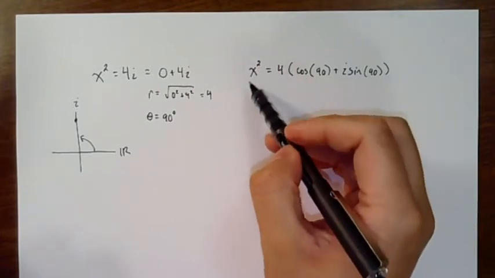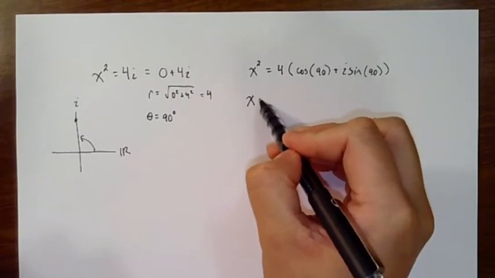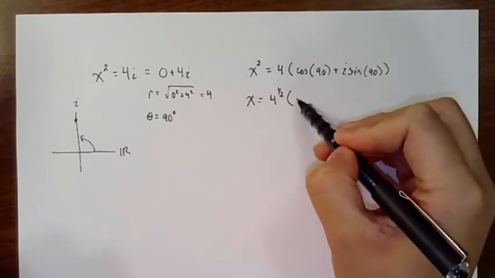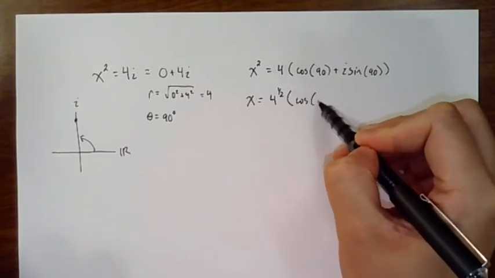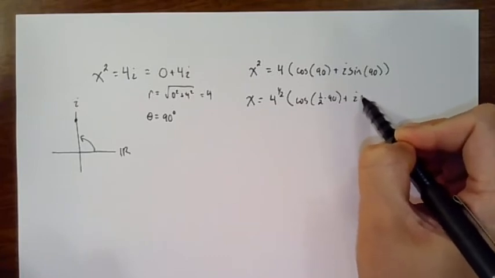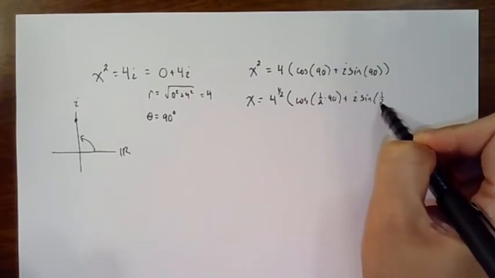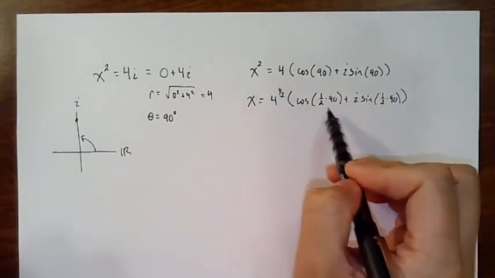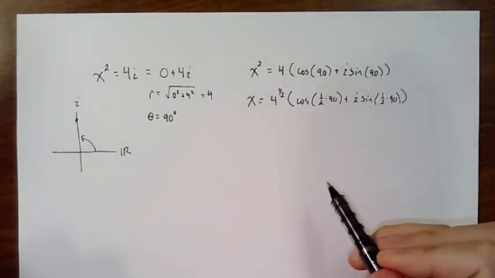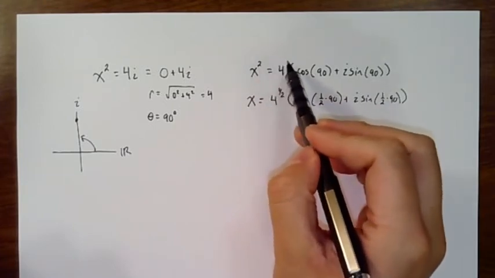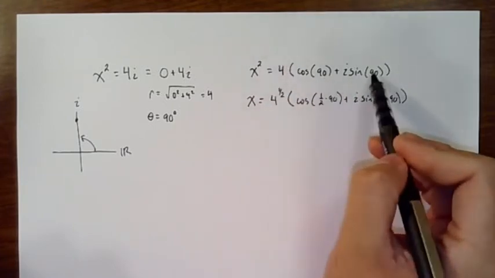The 1/2 power will reduce this, so we'll get x is equal to 4 to the 1/2 times cosine of 1/2 times 90 plus i times sine of 1/2 times 90. This is just a direct result of De Moivre's Theorem. We had this raised to a power, 1/2, so we put the half here, here, and here.